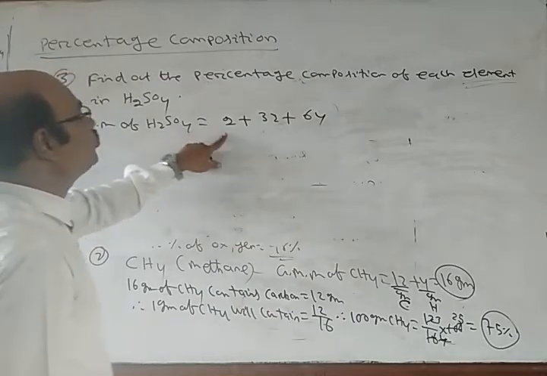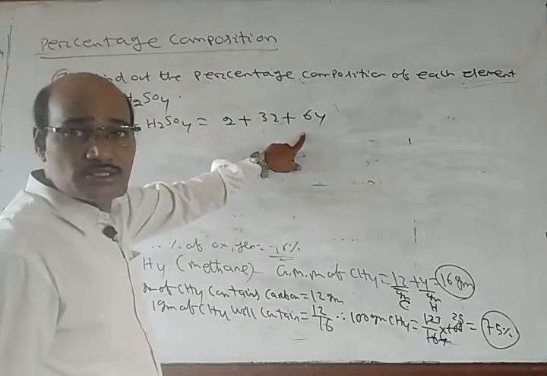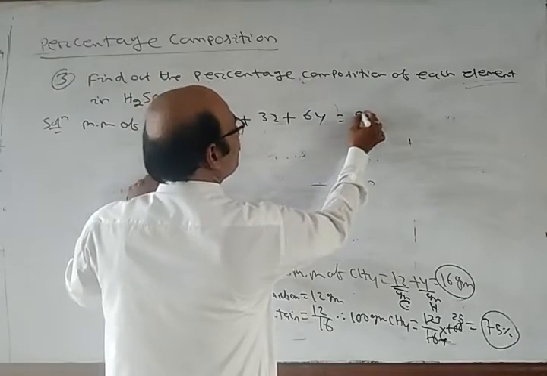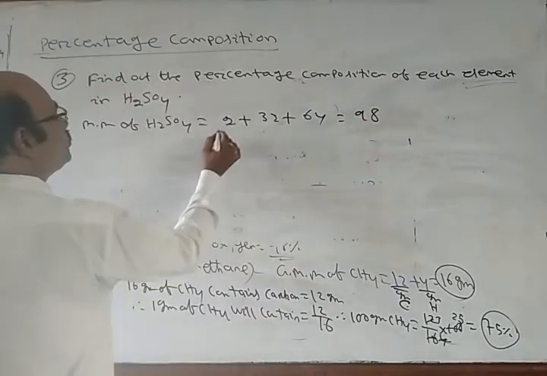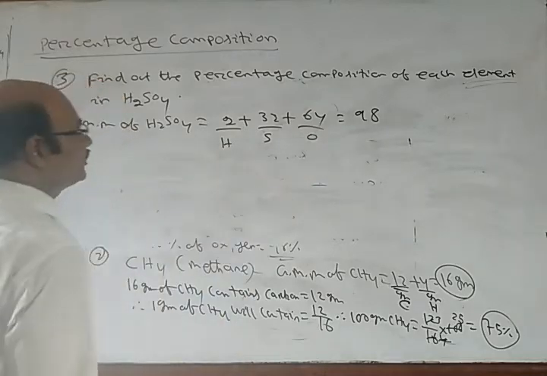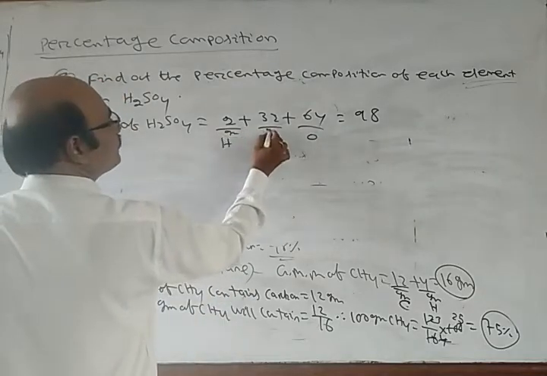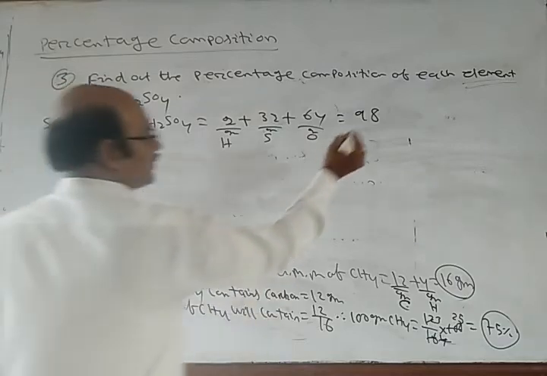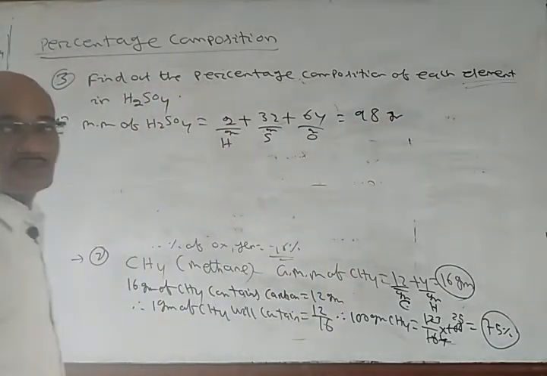Okay. So 2 plus 32 plus 64 equals 98. So 2 is for hydrogen, 32 for sulfur, and 64 for oxygen. So 2 gram, 32 gram, and 64 gram.